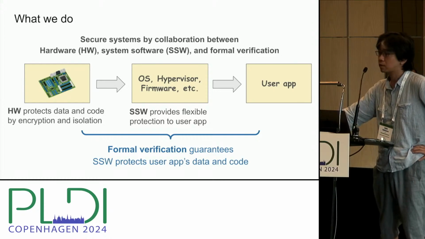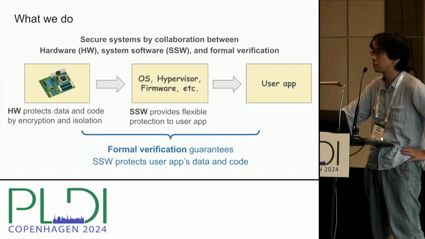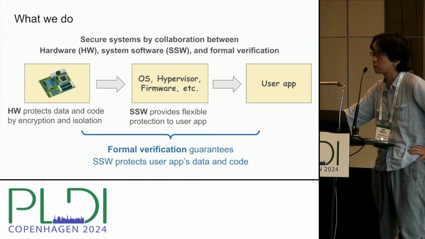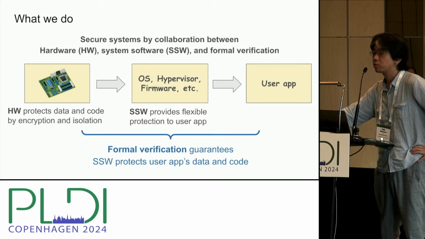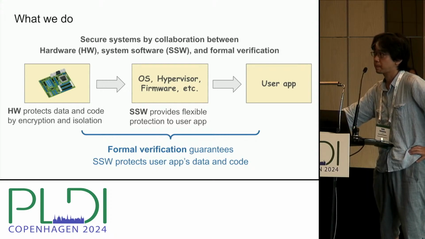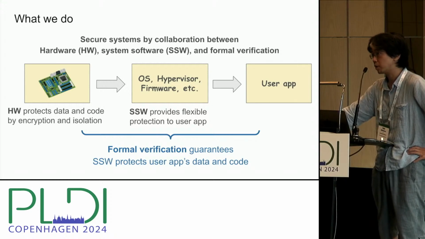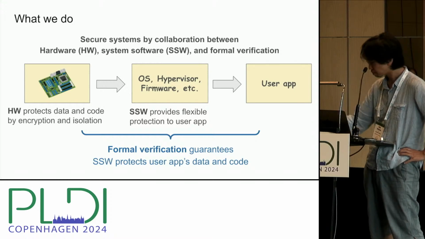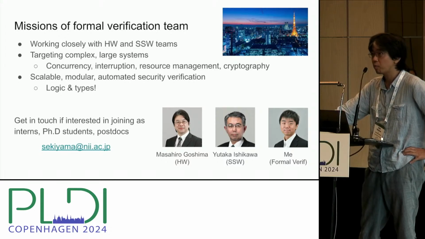And the system software provides a flexible protection interface to the user applications. And the formal verification aims to guarantee that the data and code of user applications is actually protected using the primitives given by the system software. So we are working on the formal verification.